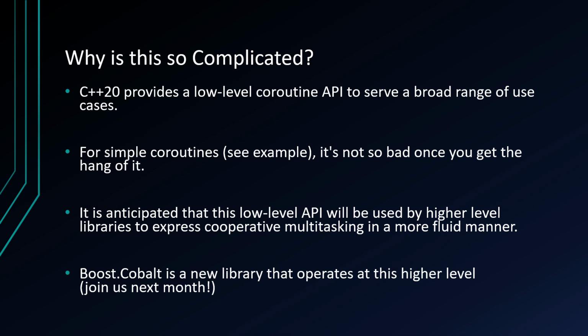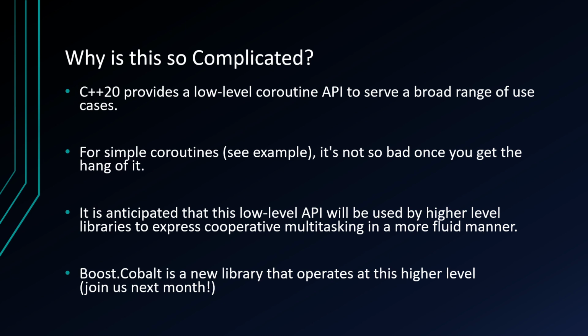But it is anticipated that this low-level API will be used by higher-level libraries to express cooperative multitasking at a higher level. For instance, you might say, I've got a bunch of asynchronous things in process, and I just need to know when the first one of them completes and gets a value. Right?